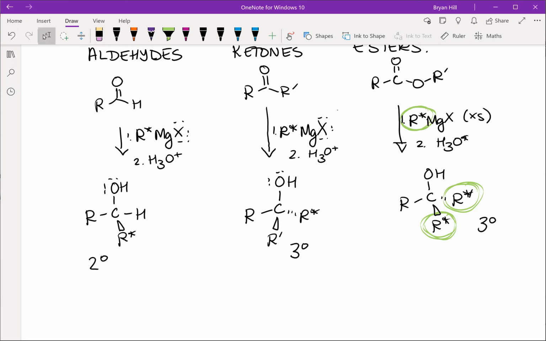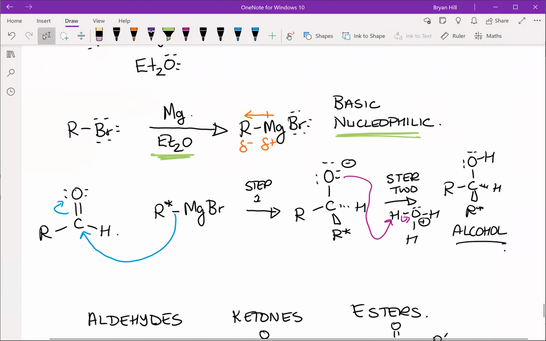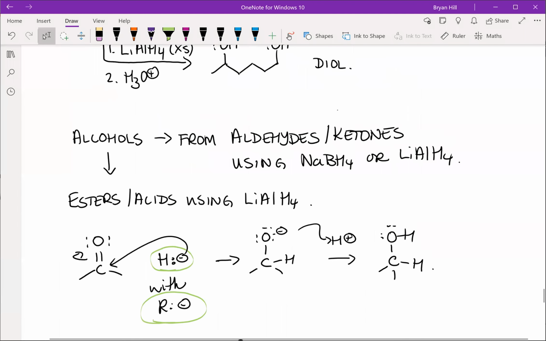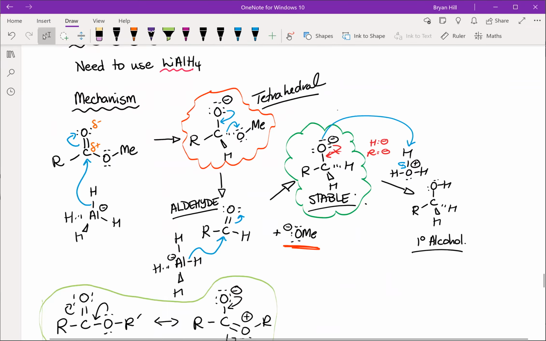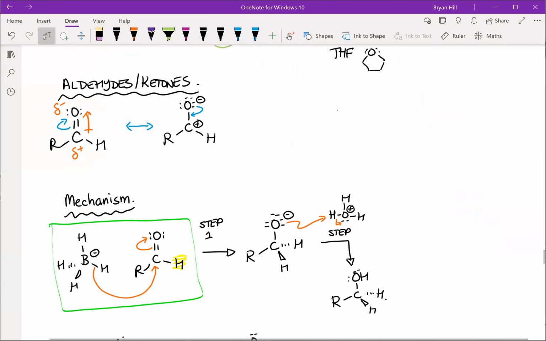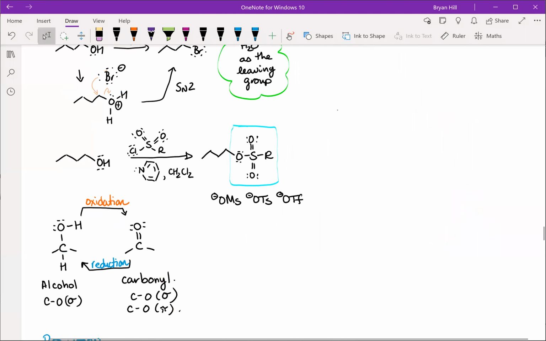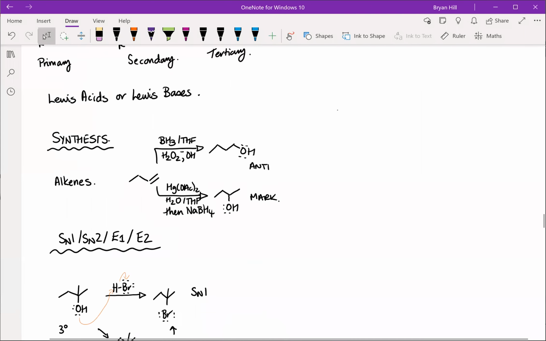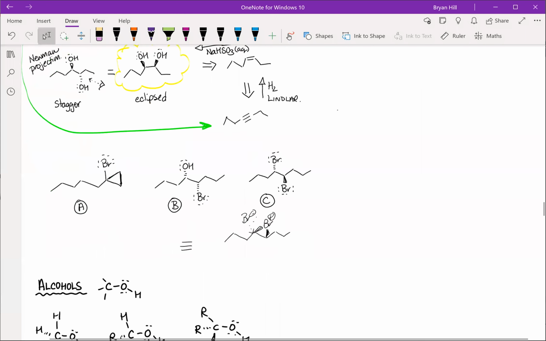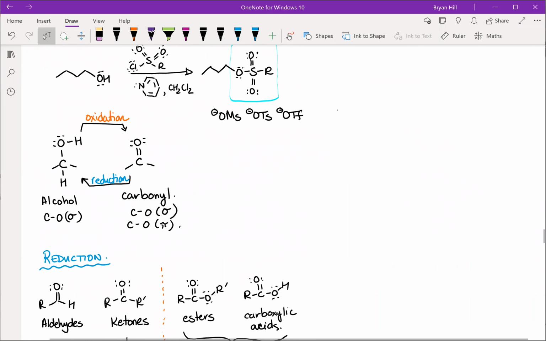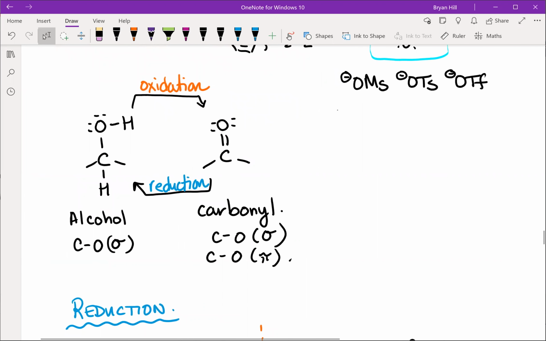So it's still technically being reduced. Instead of this H here, it's a carbon atom.